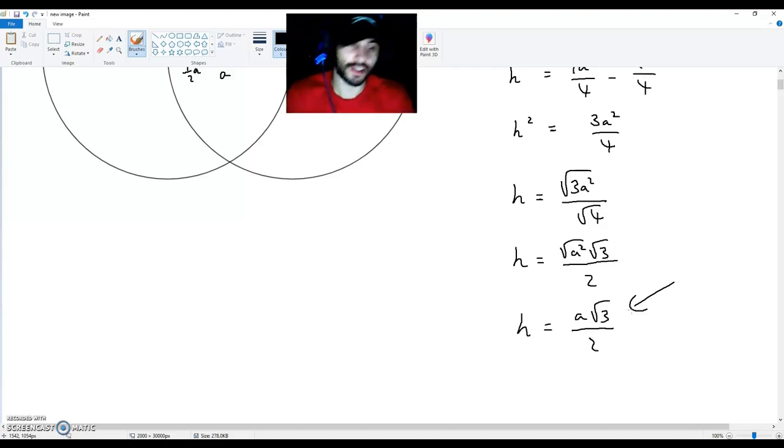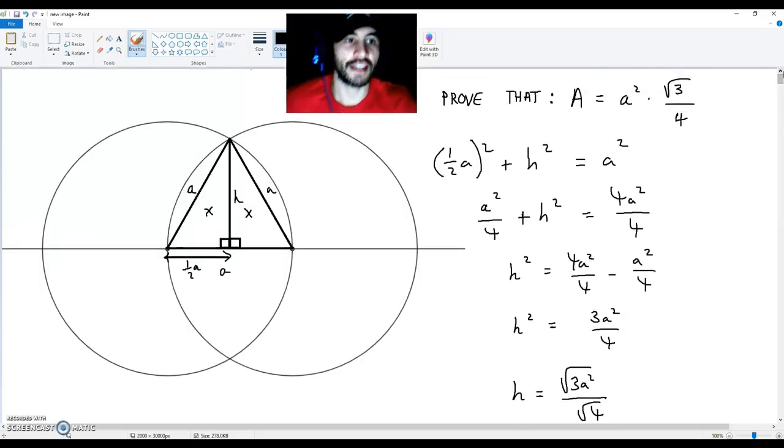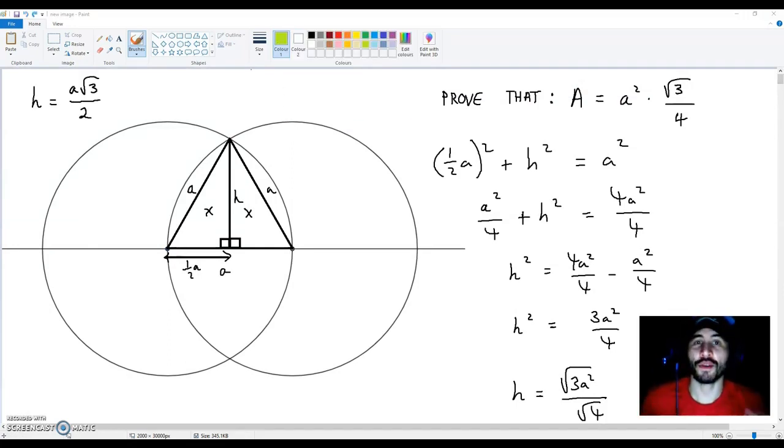We found h in terms of a, and we are going to use this value in order to get this lovely and tidy equation in the top right hand corner over here. Okay, so we're getting closer to completing this proof. We've established that h is equal to a multiplied by root 3 over 2. Now the next task is to find the area of half of this equilateral triangle, shaded in green.